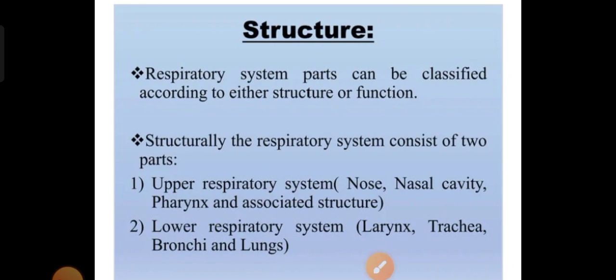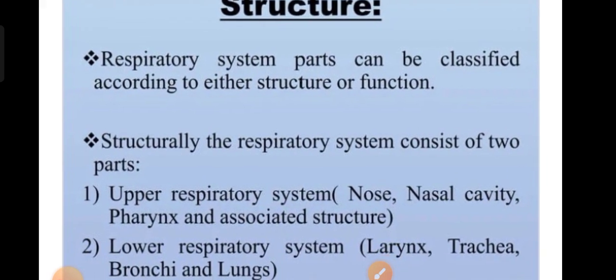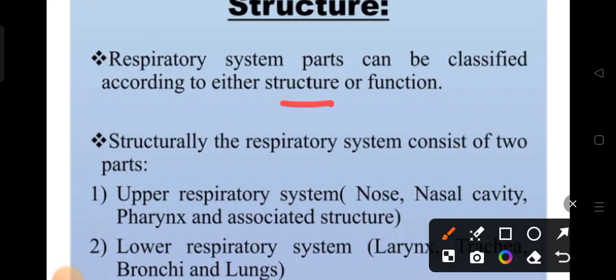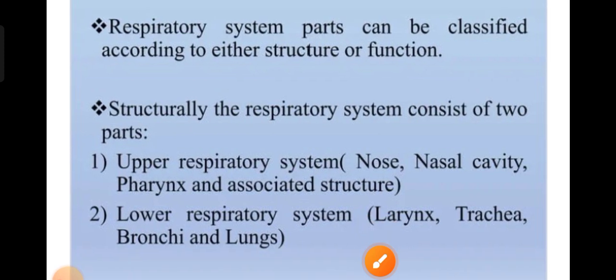The respiratory system parts can be classified according to either their structure or their function. Structurally, the respiratory system consists of two parts, the upper respiratory system and the lower respiratory system. The upper respiratory system includes the nose, nasal cavity, pharynx and associated structures.